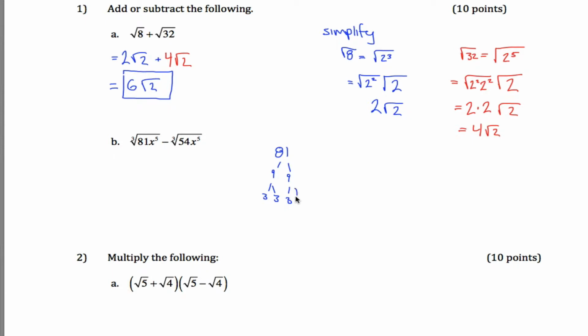So really 81 is 3 to the 4th power. And similarly, 54, well, it's an even number, so it's 2 times something. Think about it long enough, you'll figure out that other something is 27. And 27 is 9 times 3, 9 is 3 times 3, so 54 is 2 times 3 cubed.